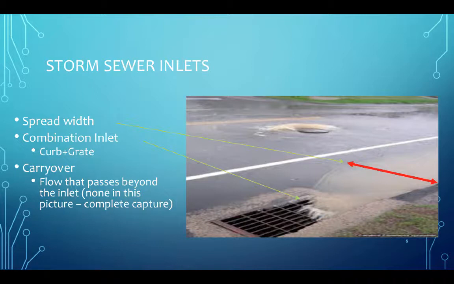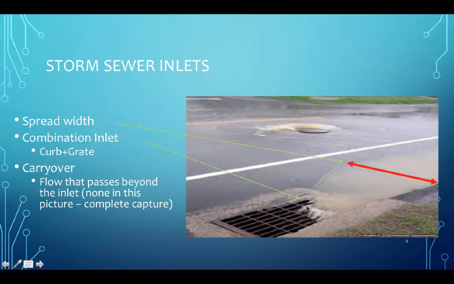So when we talk about inlets, we're talking about these objects that are pictured here in this photograph. So this photograph is a grate inlet. Looks like it's on a curb side of a motorway, and the water's coming this way into the grate. The red line is indicating a spread width of the water flowing towards the inlet.